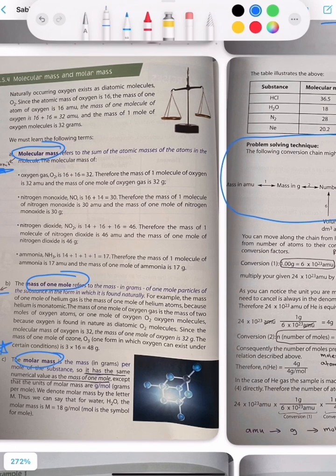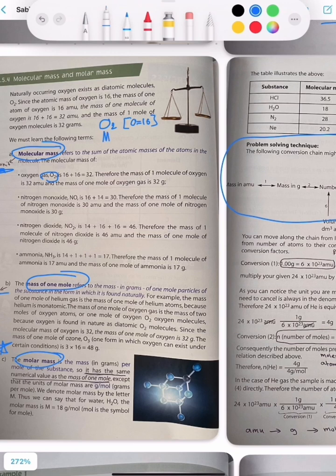Let's say we have oxygen gas. The question will ask you to calculate the molar mass of oxygen gas, and it will give you something like this: in brackets, O = 16. What does this mean? The atomic mass of oxygen is 16. The question should give it to you from the periodic table. So what would you do?